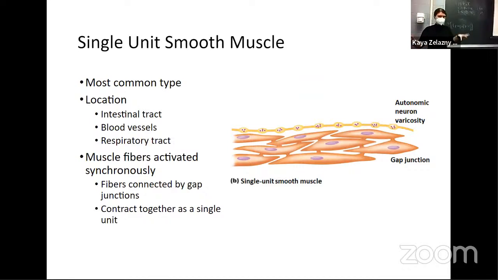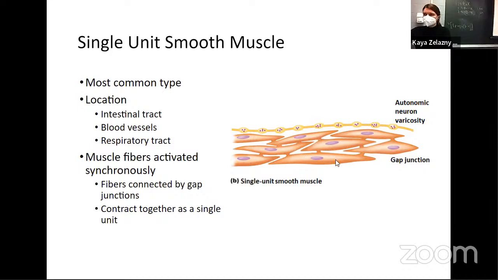So single unit smooth muscle. We're calling it single unit because the whole muscle, all the muscle cells, contract as a single unit, which means that we're just going to have this one neuron with its various swellings, those varicosities, over the surface of the smooth muscle. We're going to have those neurotransmitters spreading to the cells that they're contacting, and then we see a lot of gap junctions.